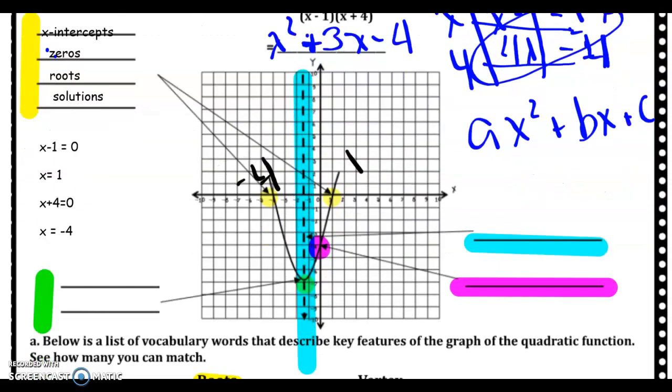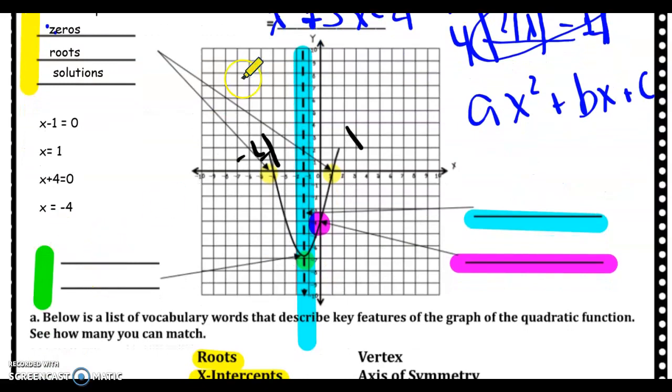Okay, our second key feature is going to be in green. If you can see this green feature right there, that is the bottom of our graph. Since it's the bottom of our graph, it's also the point where we go down and then we change directions. So that is a special point that we call the vertex.